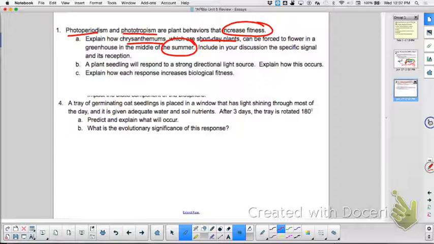Okay. B, a plant seedling will respond to a strong directional light source. Explain how this occurs. So this brings us back to what I said. The only hormone you really need to know is what? Auxin. And auxin will move to the shady side. And when it's on the shady side, it's forcing those cells to do what? Elongate. Cytokinin makes you make more cells, but auxin makes them elongate. How does it do that?